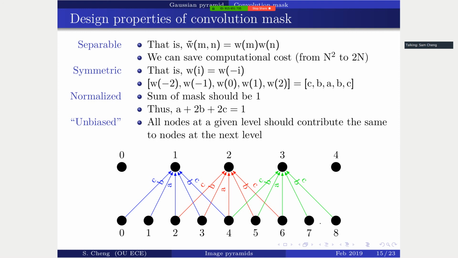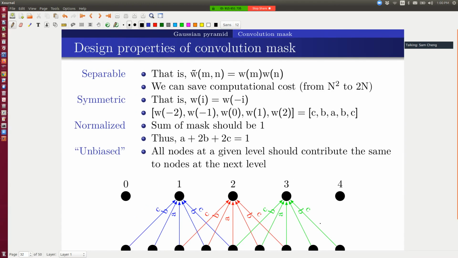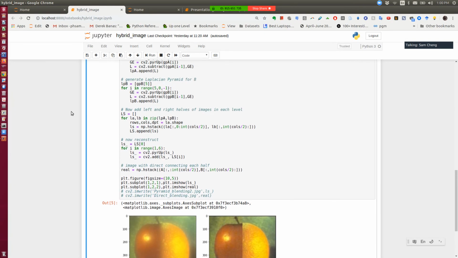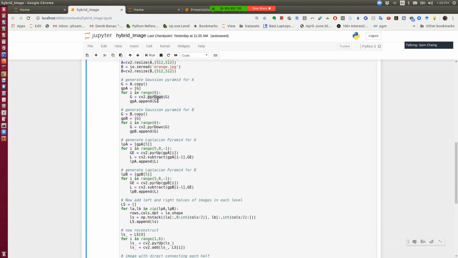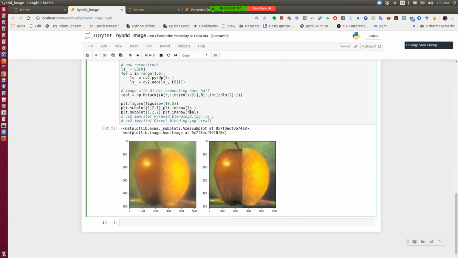OpenCV does have the pyramid. Yes, the pyramid, but the OpenCV pyramid function is, what should I say, less control. It's very simple. It may have some parameters, I didn't check on that. Maybe I can try to check. Let's see.